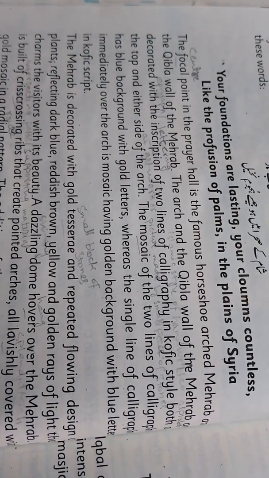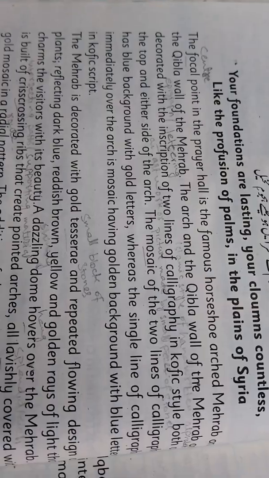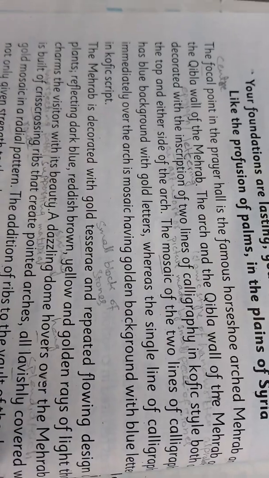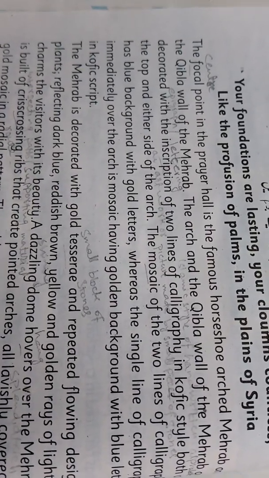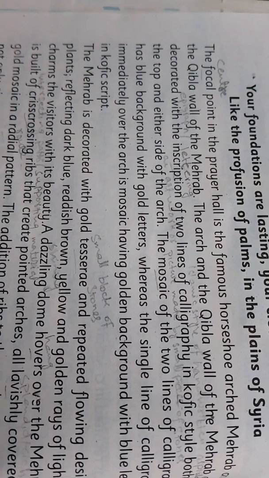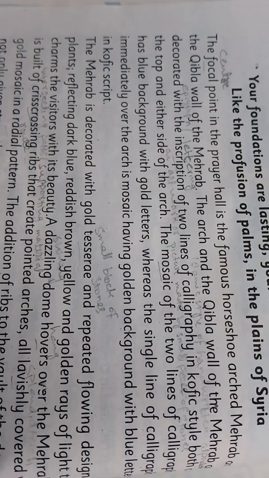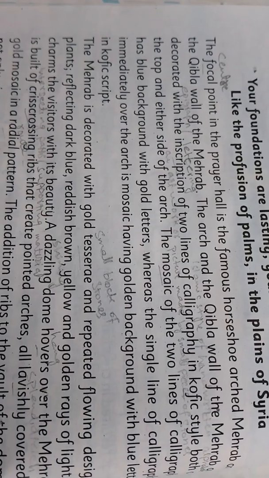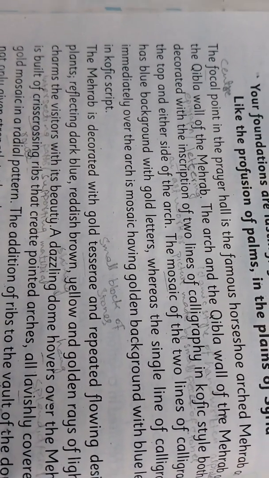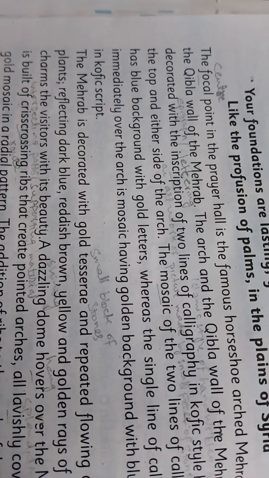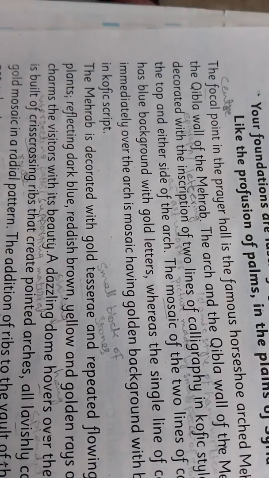So the focal point in the prayer hall is the famous horseshoe arched mihrab and the Qibla wall of the mihrab. The arc and the Qibla wall of the mihrab are decorated with the inscription, means epigraph or lettering, of two lines of calligraphy in Kufic style. Kufic style means an Islamic style of handwritten alphabets or calligraphy, both on top and either side of the arc.